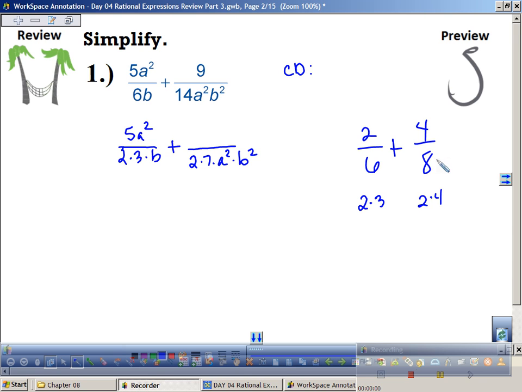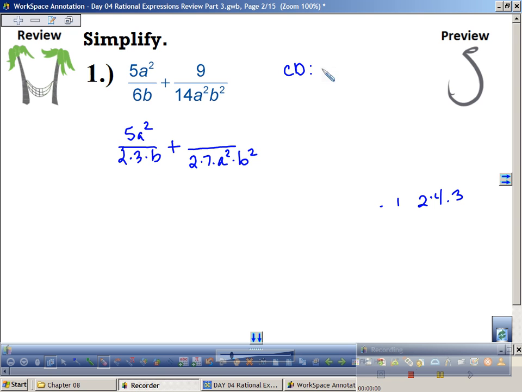So what's this one missing? And what's this one missing? Because the common denominator is 24, right? So I'm going to do the same thing with this. We have to make sure everybody's represented.